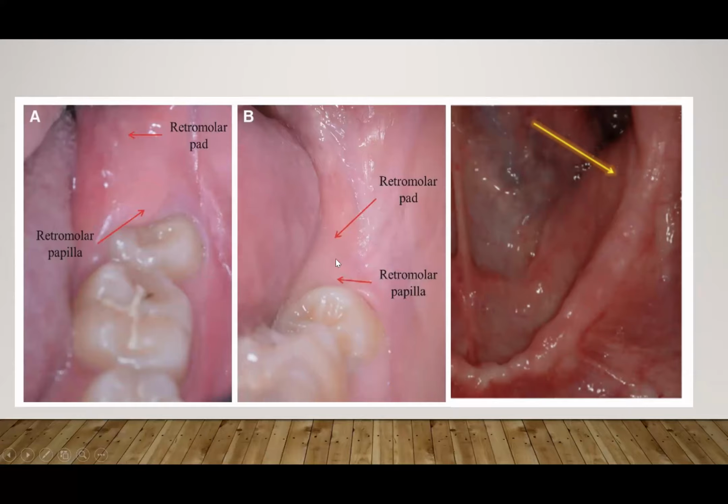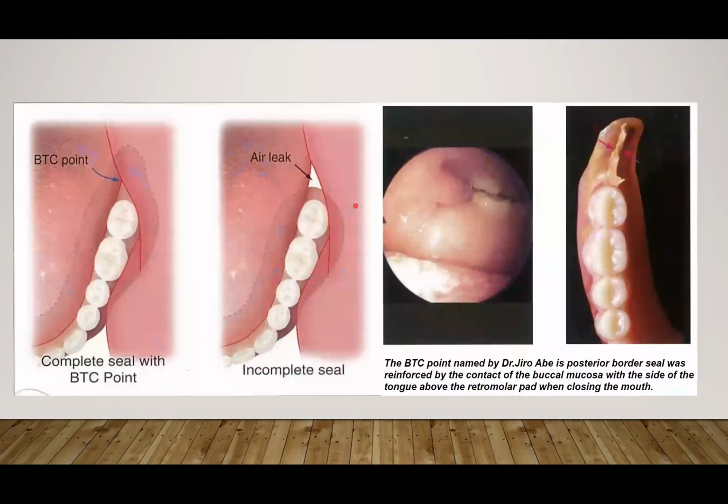The pear-shaped, non-keratinized pad seen behind your retromolar papilla is your retromolar pad. This region should be recorded during your mandibular secondary impression, as it is the limiting structure of the posterior extension of your mandibular denture.